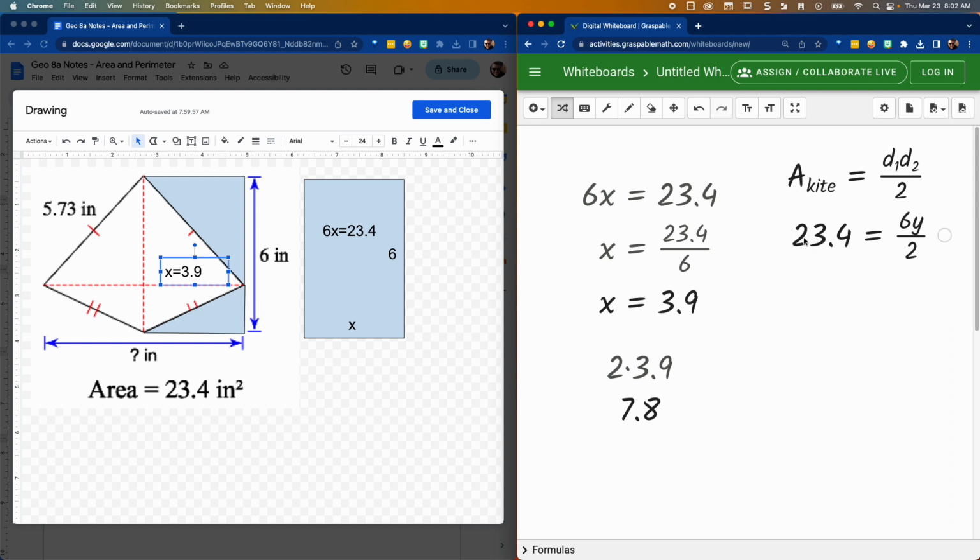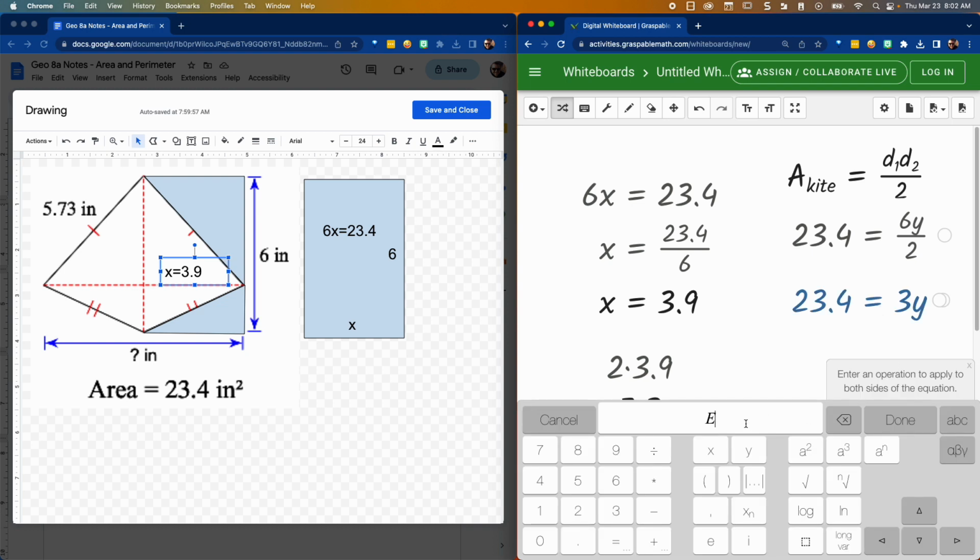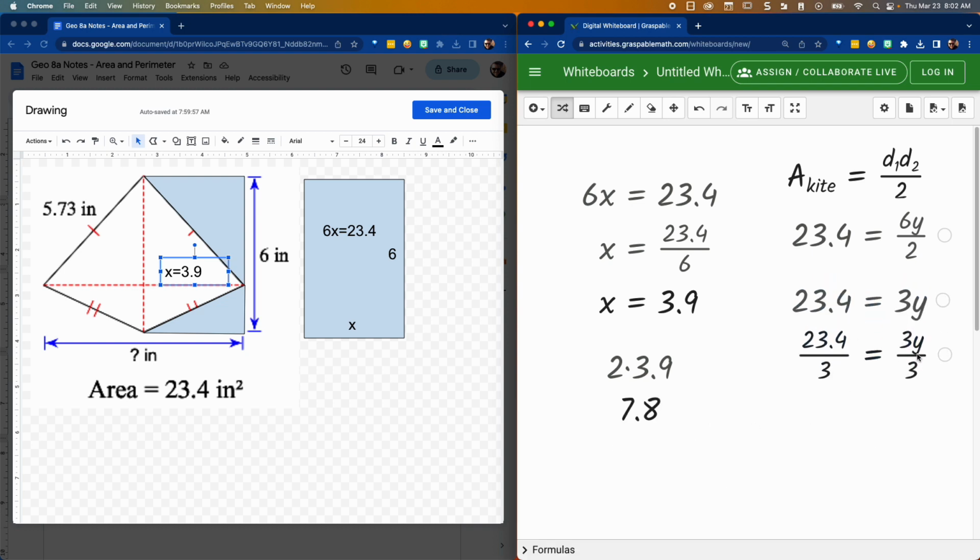Now I'm going to see what happens when I do some operations here. So 6 over 2 becomes 3, and then I can divide both sides by 3 to get that value by itself, and that tells me that 7.8 is my diagonal.